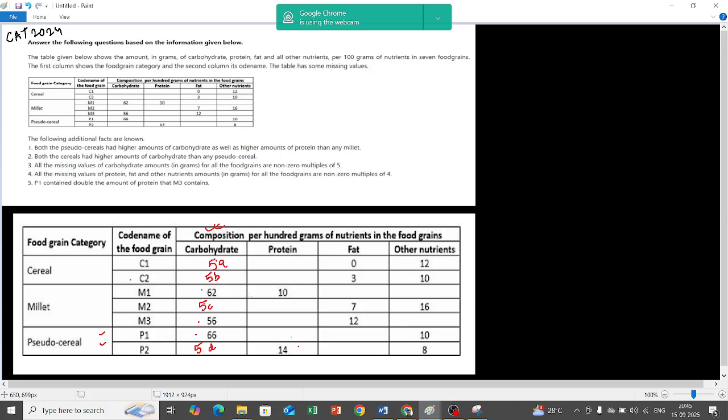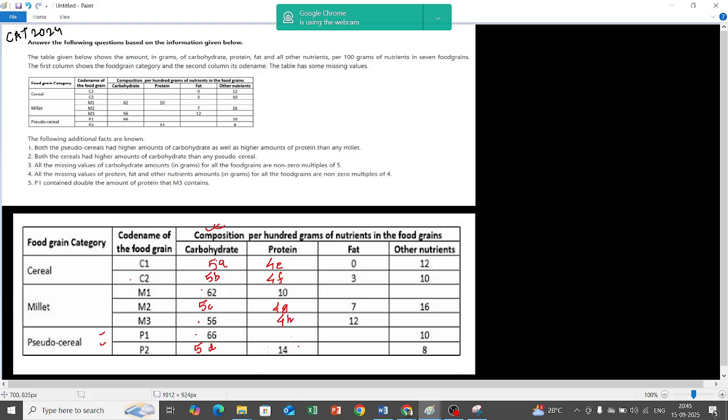Now all the missing values of protein, fat and other nutrient amounts for all the food grains are non-zero multiples of 4. That means it will start from 4e, 4f, this is 4g, this is 4h.